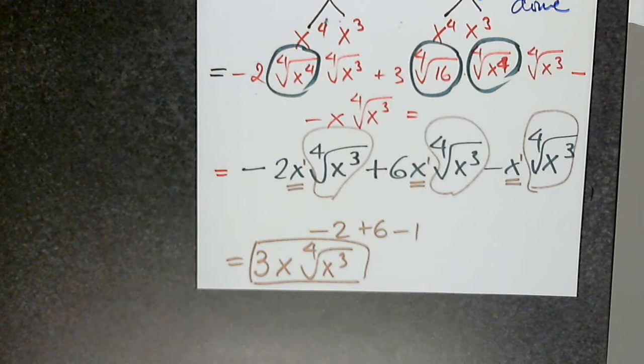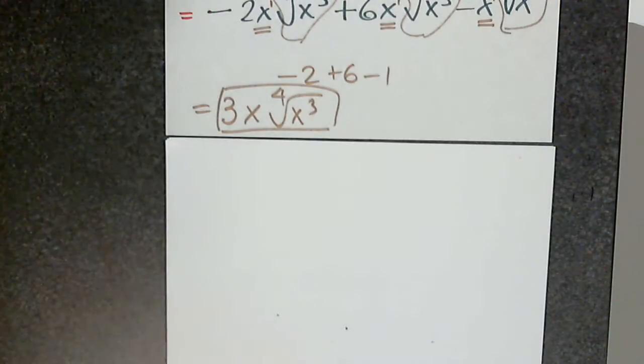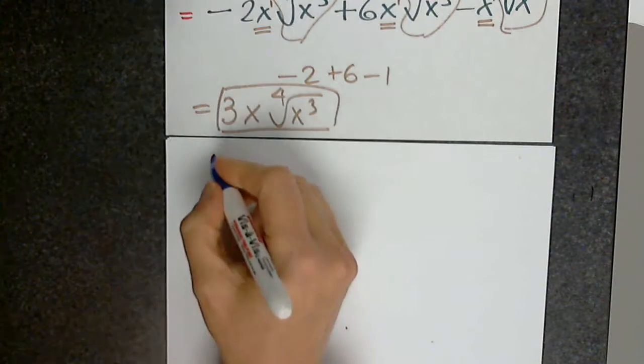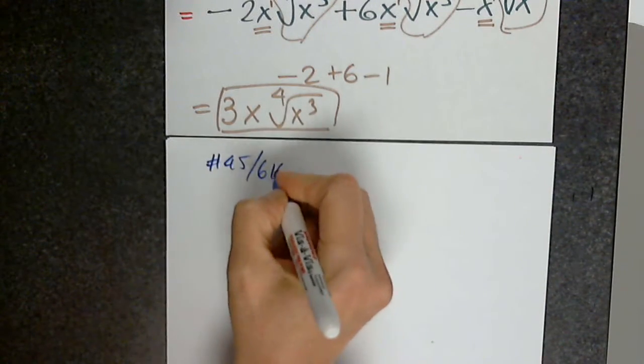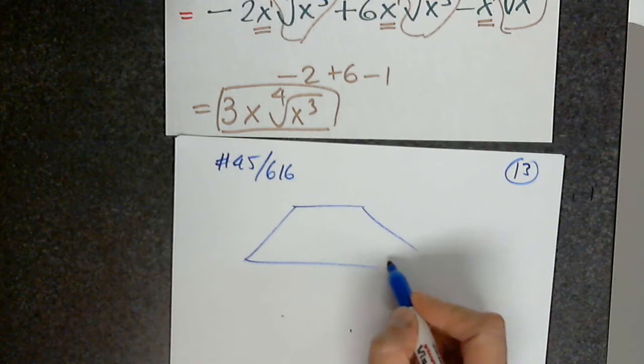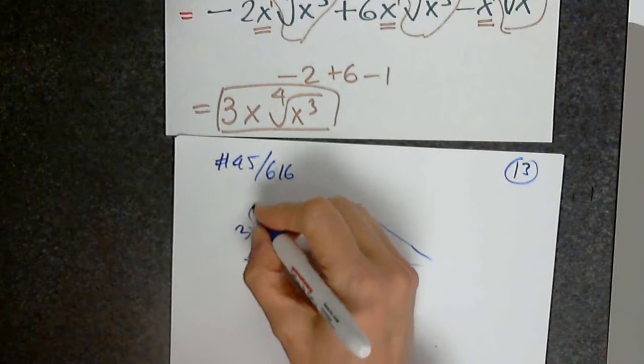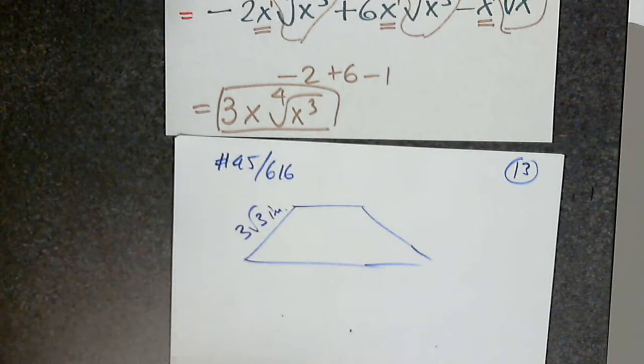Okay, so I'd like to find a perimeter of a trapezoid. I still have a couple of minutes. So in problem 45 on 616, we are given this. We're told this is 3, the square root of 3 inches.